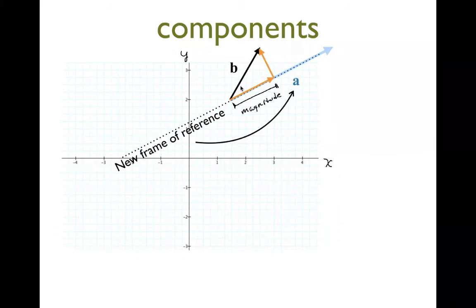Well, if we had this angle, what would that magnitude be? I'll just write mag. All right, so mag equals the magnitude from here to here would be what? It'd be the magnitude of B cosine theta.